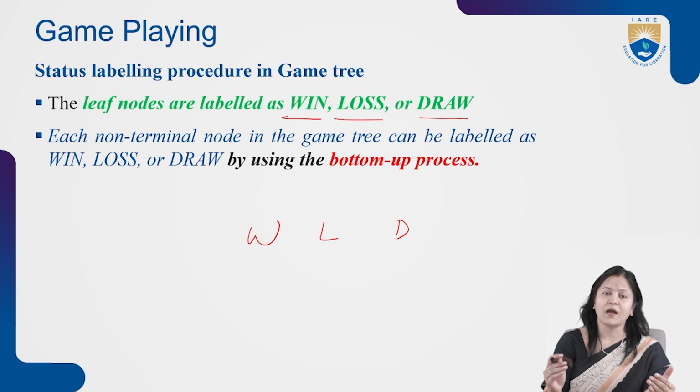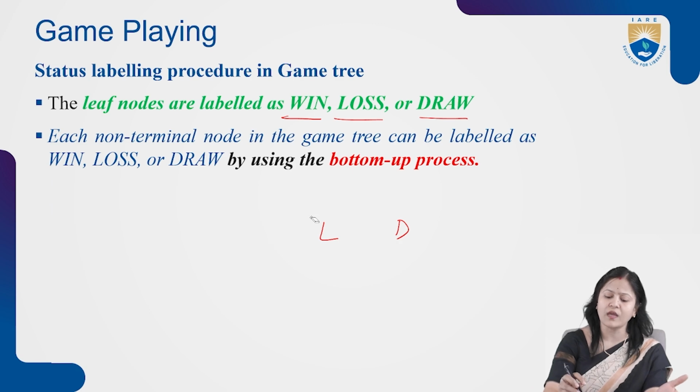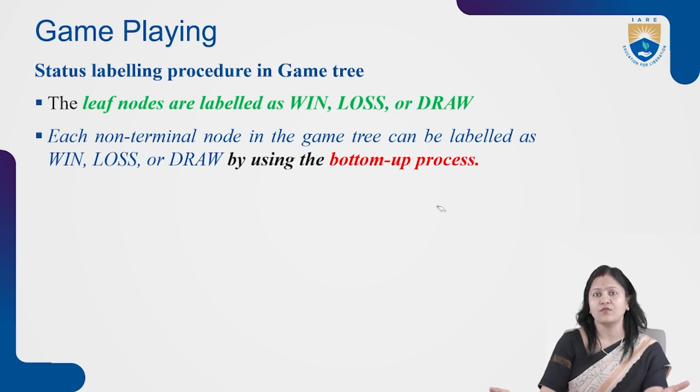That means we have to start from the leaf nodes, because in the status labeling procedure, all the status symbols like win, loss, and draw will be given to us for all the leaf nodes. Based upon the leaf nodes, we follow the bottom-up process until we reach the root node. But how we allocate these three statuses to all the non-leaf nodes?